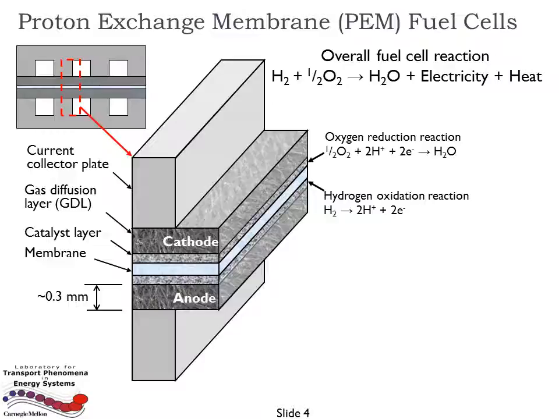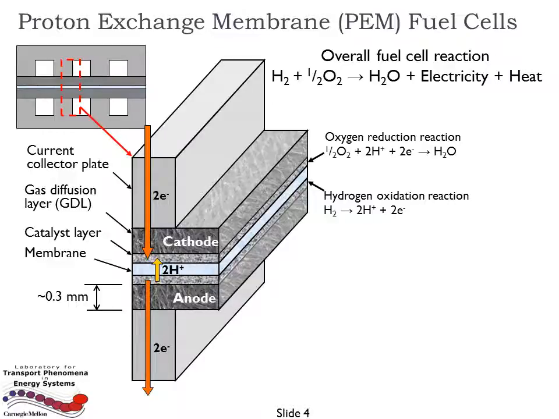They get consumed at the cathode, and the current is being carried by protons. And then once again, from the anode to the next cathode, it gets carried by the electrons. So the current plate has to be electrically conductive.